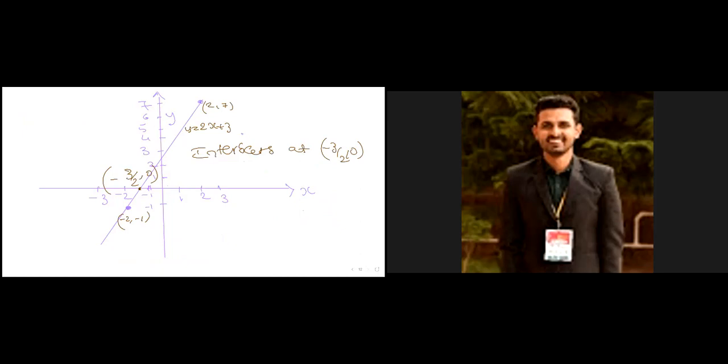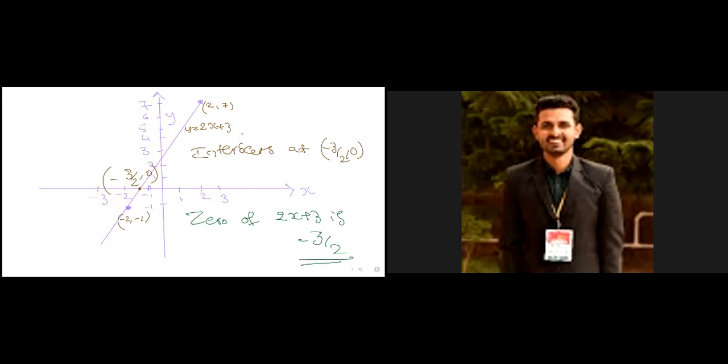So from this graph also I can say the zero of 2x plus 3 is minus 3 by 2. So the zero of 2x plus 3 is the x coordinate of the point where the graph of y is equal to 2x plus 3 intersects the x-axis. Is that clear, everyone? So this is the geometrical interpretation of a linear polynomial.